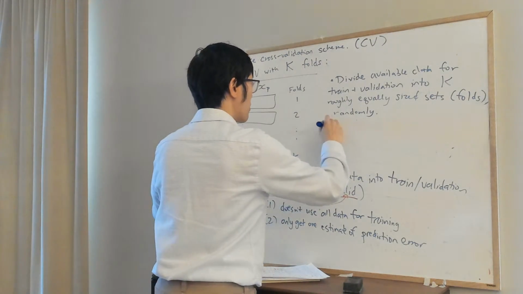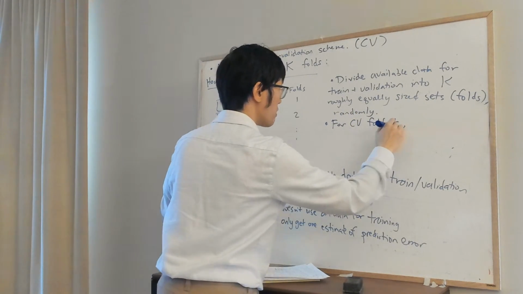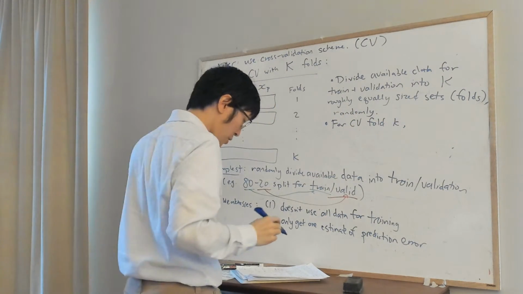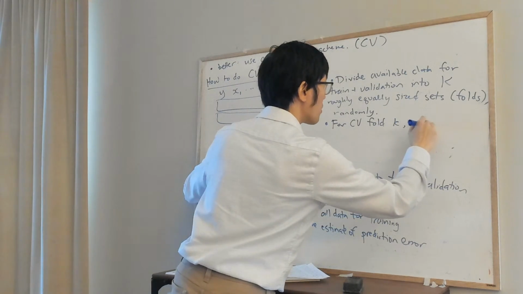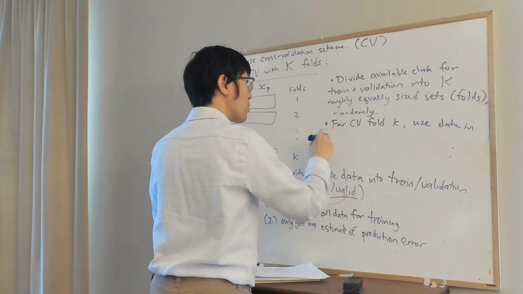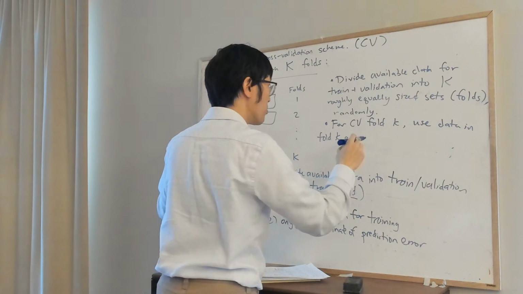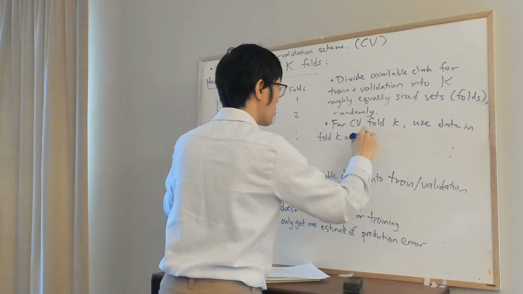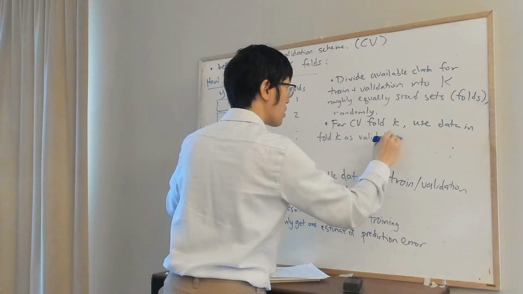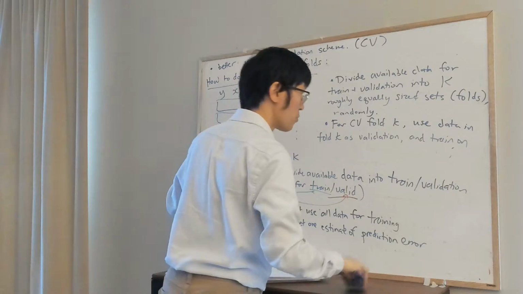So for CV fold little k, you will use data in fold k as validation and train on the rest of the data.